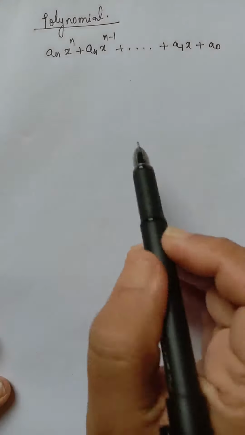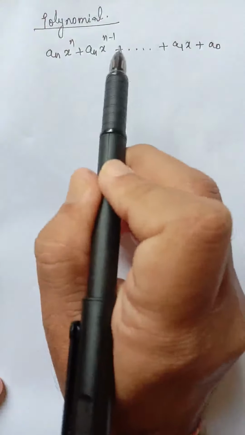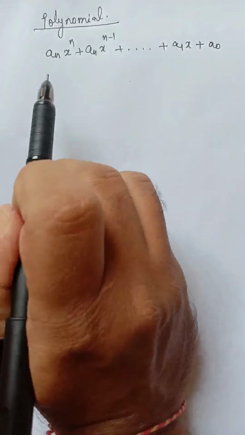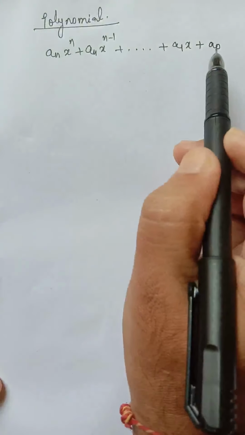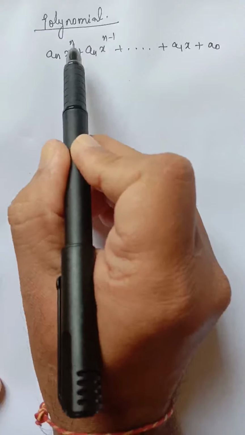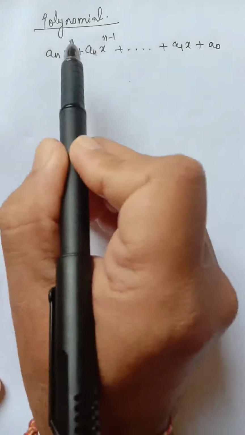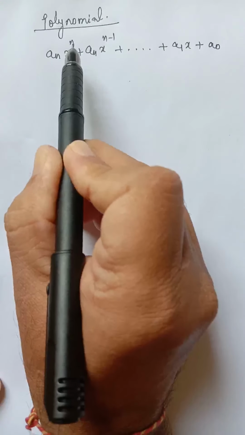Now let me explain polynomial once again, which is given in class 8 and class 9. What is a polynomial? An expression will be a polynomial if the degree of each variable is a non-negative integer. So n cannot be a fraction. The power of any variable cannot be a fraction.